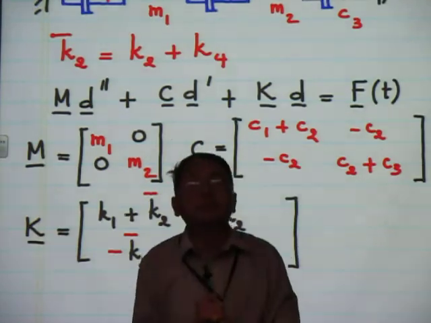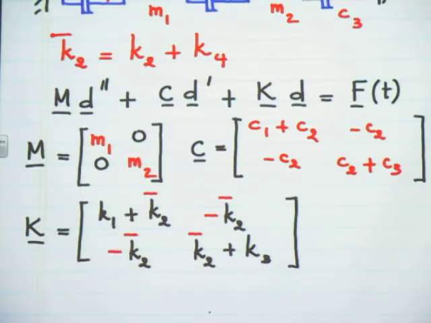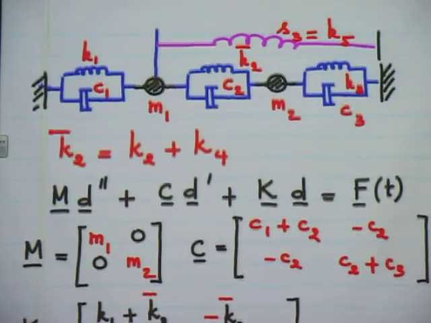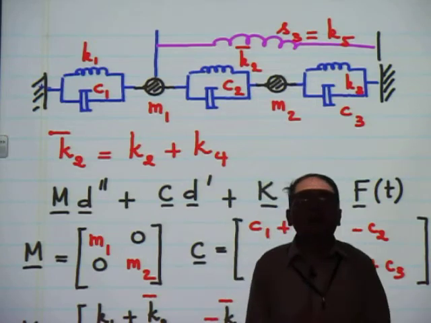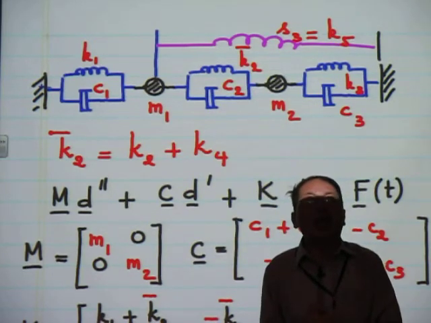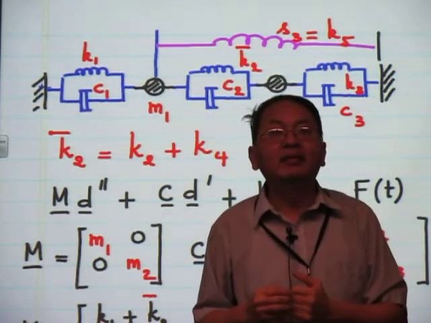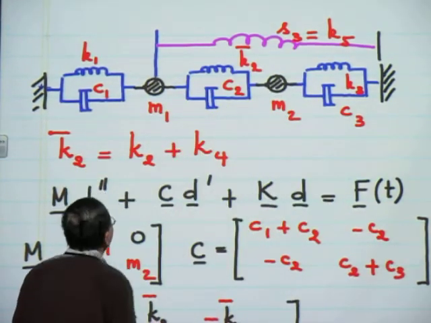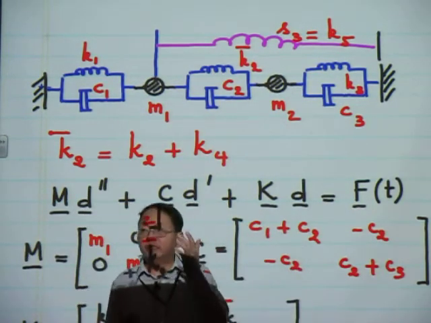Yes, Kevin. So how do you deal with the extra spring, this extra spring K5 here? You have another spring term inside the force equation. Where would you add that? The method is free body diagram, right?